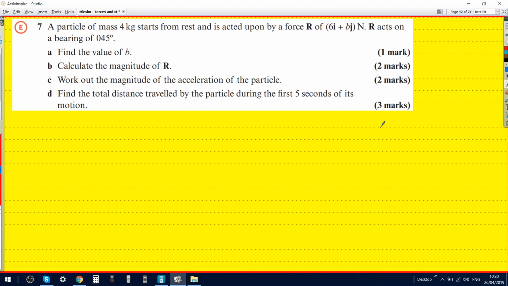Do we do like reverse trigonometry? Not trig. Well, okay, yeah, trig, I suppose.